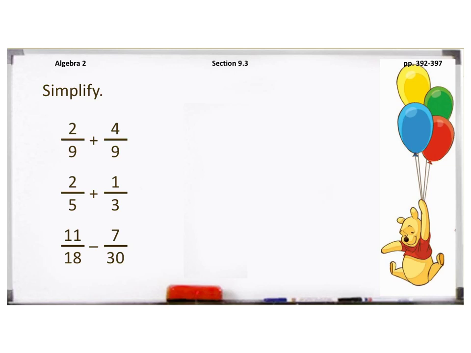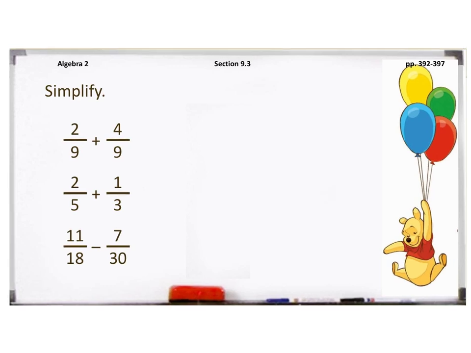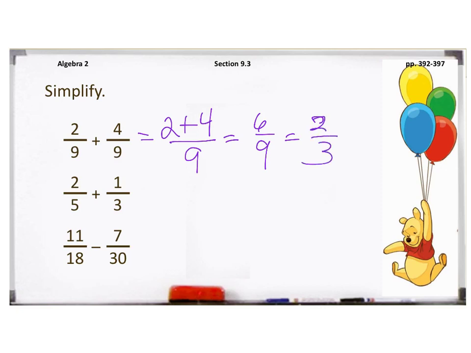Common denominator is easy. All we do is put these terms over one denominator, so you've got 2 plus 4 over 9, which is 6 over 9, which simplifies to 2 over 3.